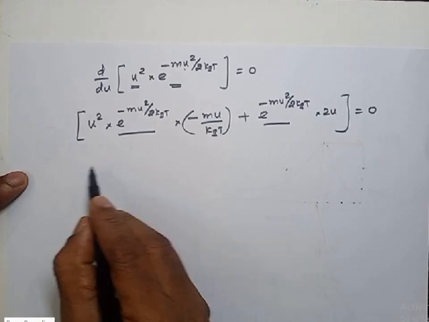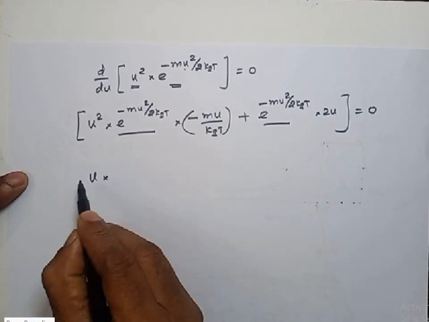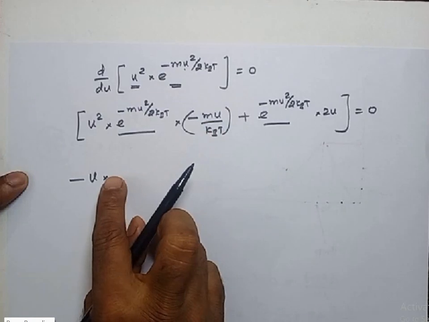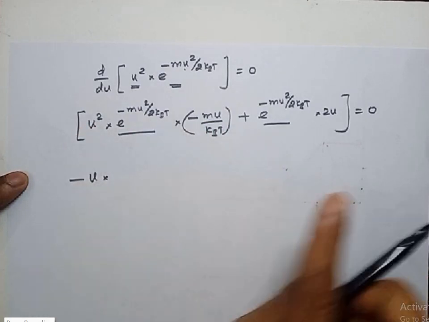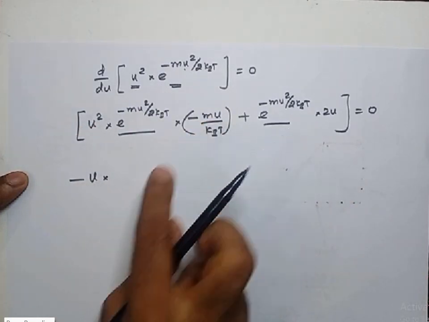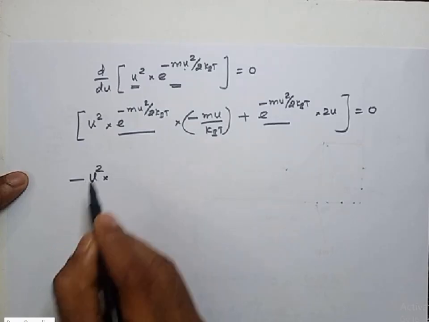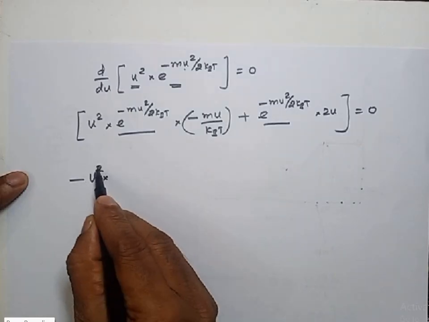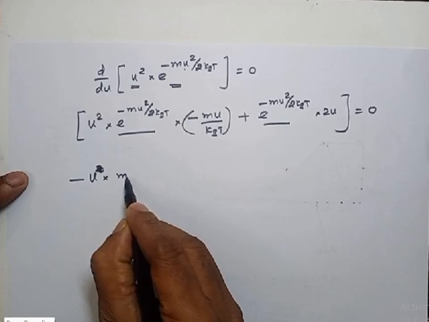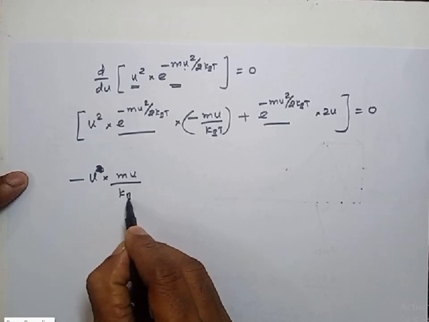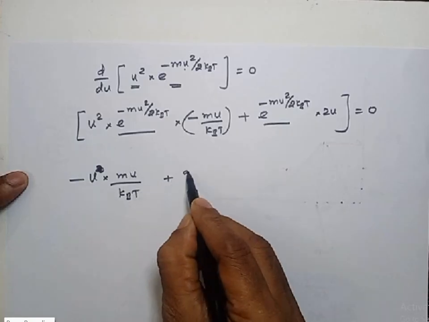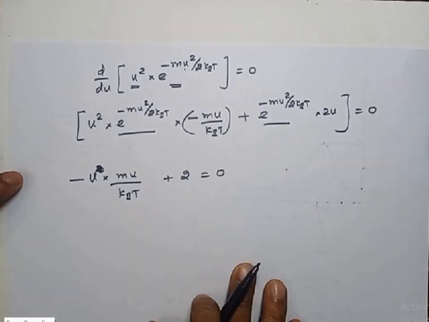We are left with u into minus, and since I took one u out, we have one more u here, so u square m by kbt, plus 2, equal to 0.